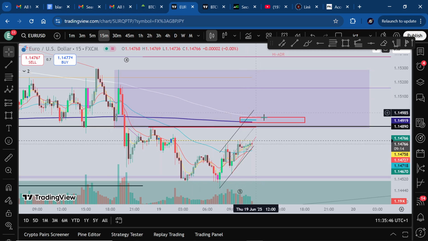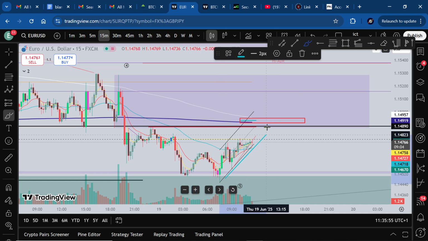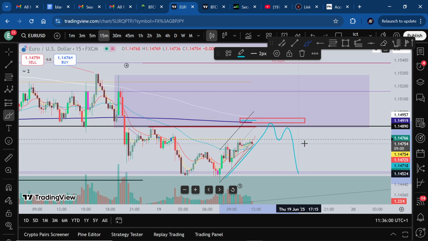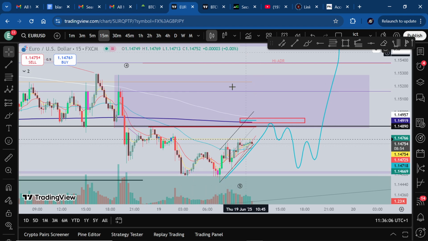So Euro USD, obviously at this area, we're looking to see, basically, let me draw. I'll draw for you what I think is going to happen here. Okay, we'll come up here, and at some point we may do something like this and continue higher to get to that supply zone at the top over there.